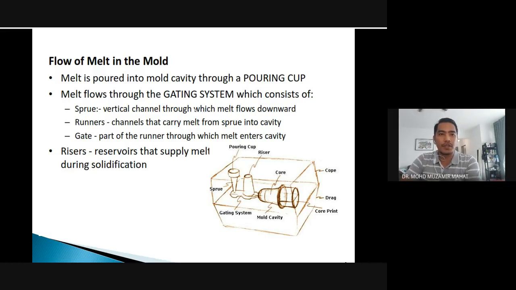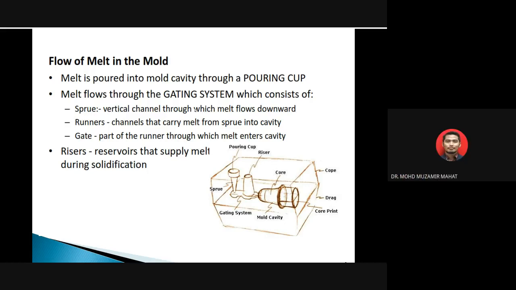The melt flows through the gating system, which consists of the sprue, runners, and gate. Each of these elements has a different function. What is the sprue? The sprue is a vertical channel through which the melt flows downward.